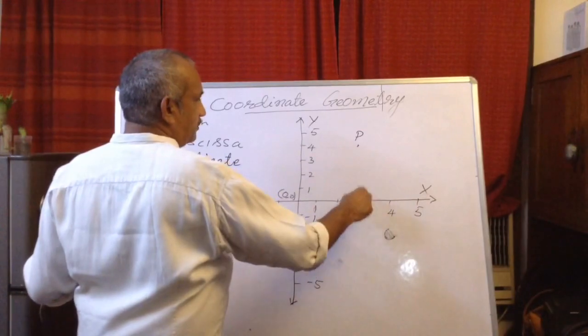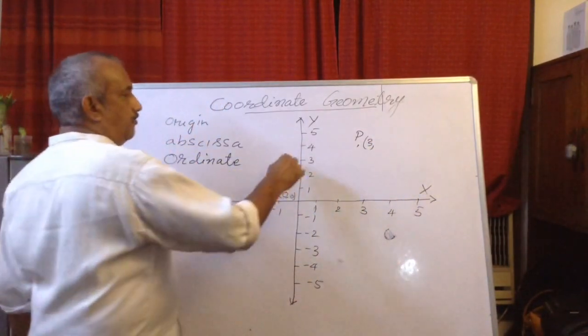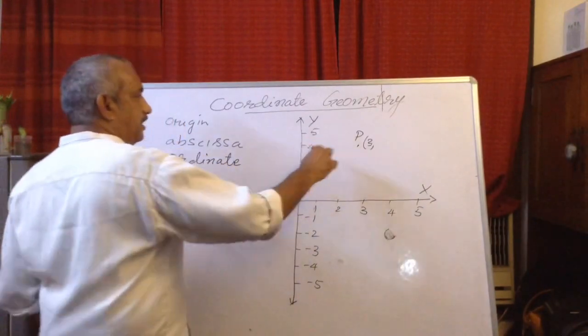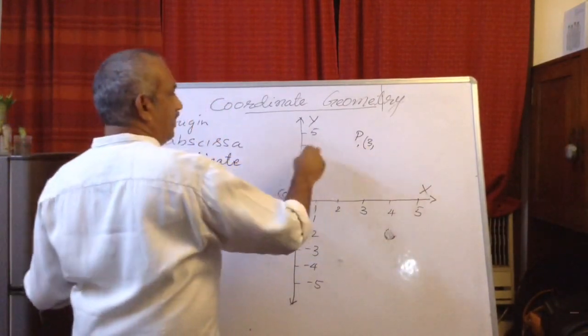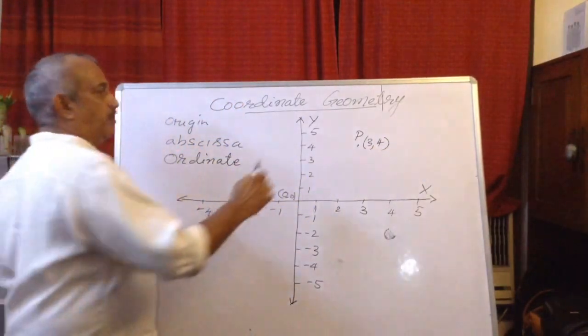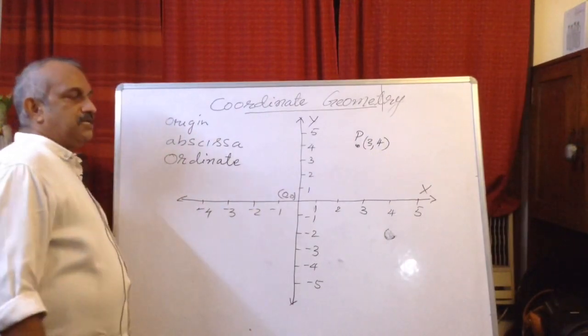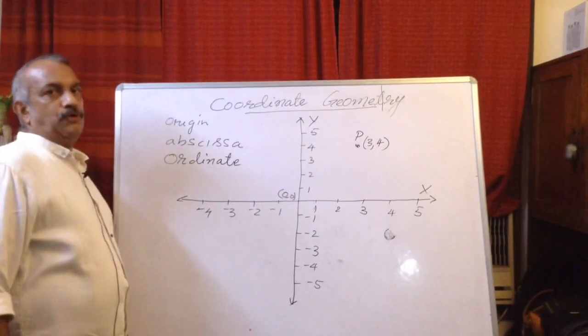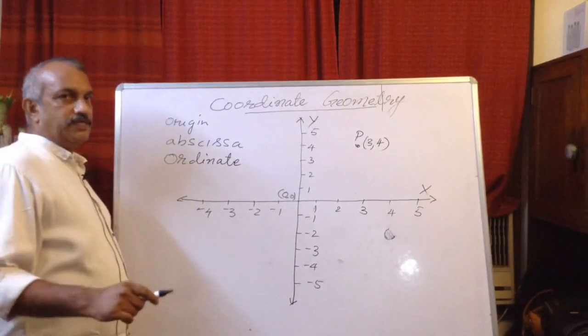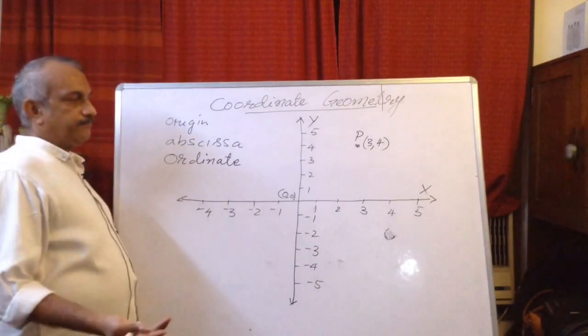Go to the x-axis, it is 3. Then how far is it from the x-axis? That is 4. We go to the y-axis, that is 4. So the coordinates of this point, which I have named P, a capital letter, are (3, 4). The first one is always the x-coordinate and the second one is the y-coordinate.